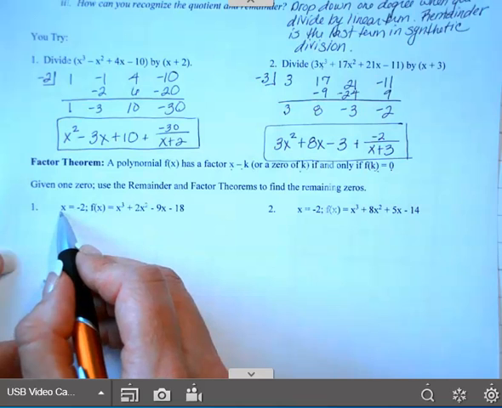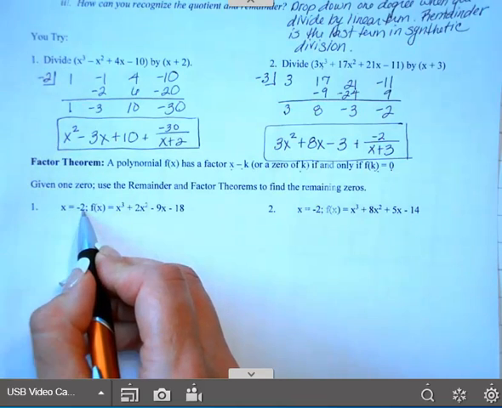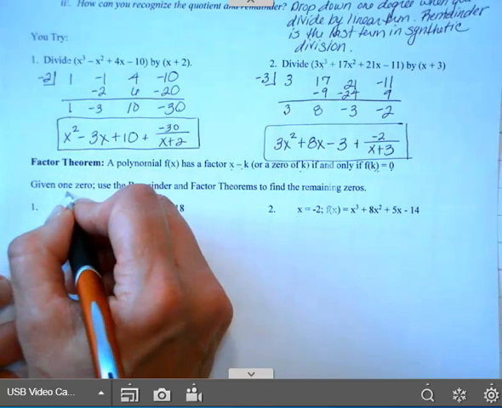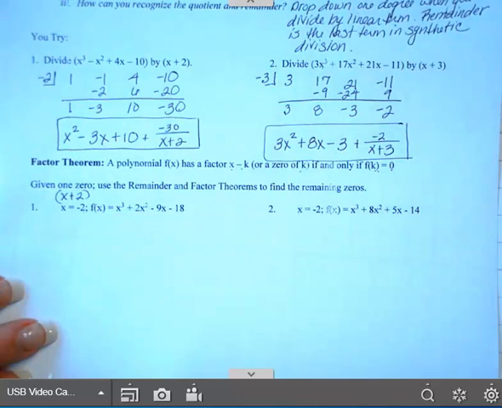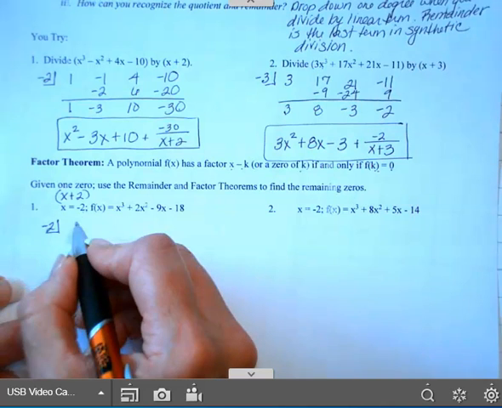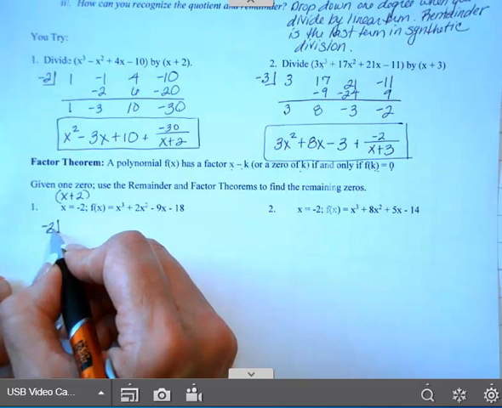So if I give you that x equals negative 2 is a 0, that would mean that x plus 2 is a factor. I'm going to go ahead and put what makes my factor 0 in the box.